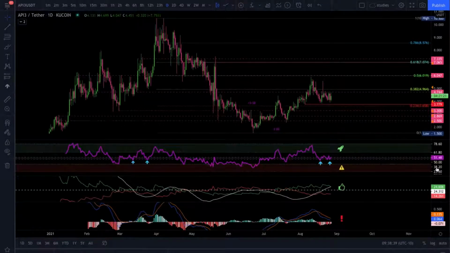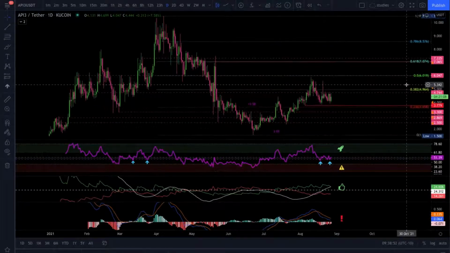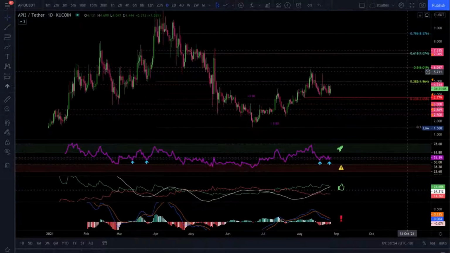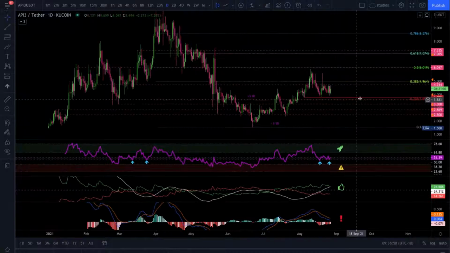So how I started this analysis: I've got an eye for seeing these trends and these pretty well-correlated channels. This isn't anything special. Anybody who can see things going up can see this channel here.